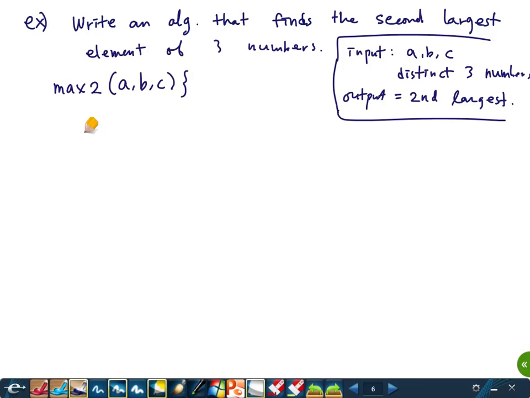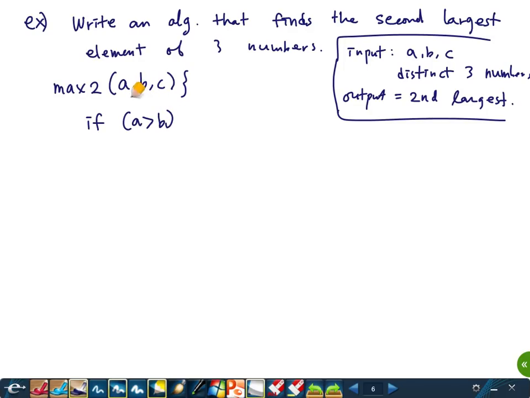Because we want to find the second largest, we need to know the largest and the second largest at the same time. So we will use not just one new number like a large, we will keep track of 2 numbers, the largest and the second largest. Okay? Let's say M1 and M2 for this. So first we look at the first 2 numbers.